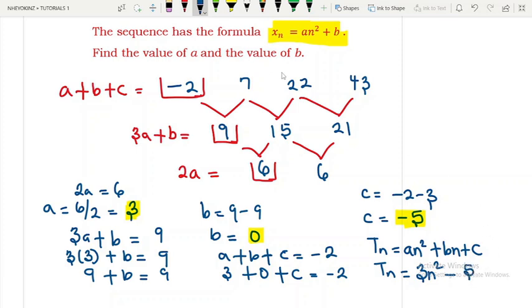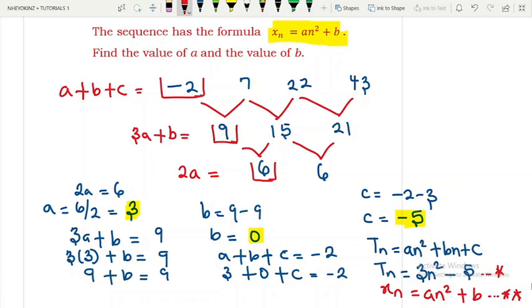Plus times negative 5 will give us minus 5. But we're given the nth term here to be x sub n equals an squared plus b. Now if I write it underneath, that means x sub n equals an squared plus b. Let me call this asterisk, then this double asterisk.